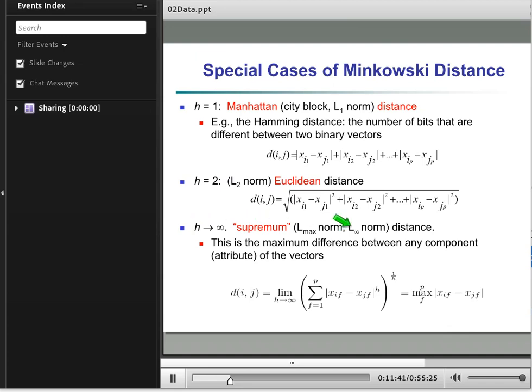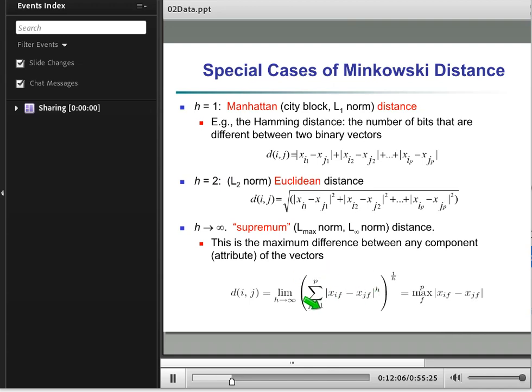And if we put h as infinity, we call it the L-infinity norm or supremum distance. Look at this formula at the bottom of slide 57.